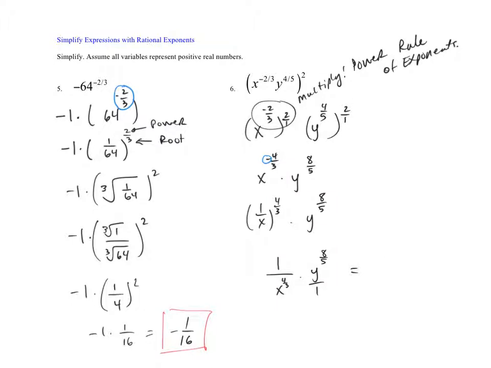We'll do our 1 times 8, or y to the 8/5, and then in the denominator I have x to the 4/3, and there's our final answer. That is done. So notice that we want our final answer to have positive exponents. All right, so that's what we're looking for there.